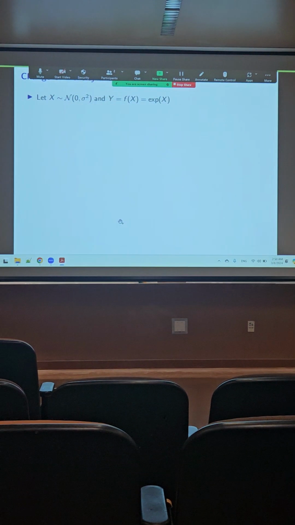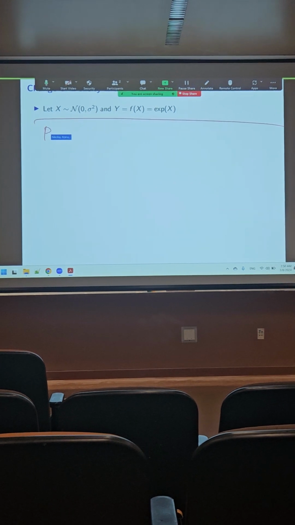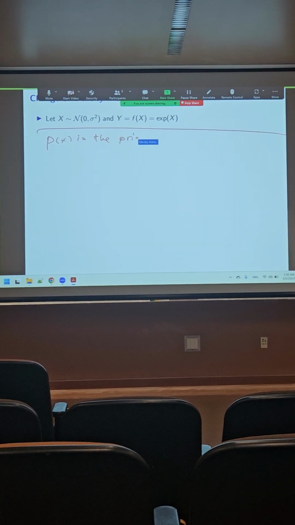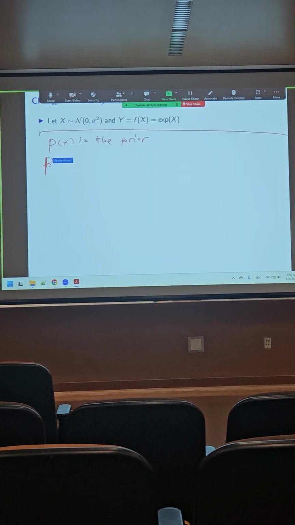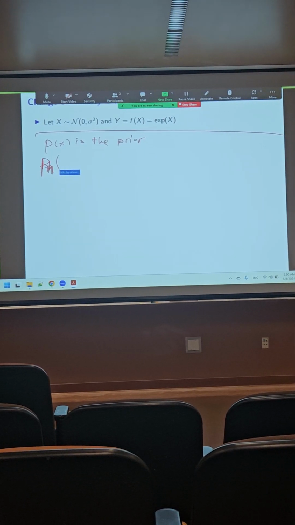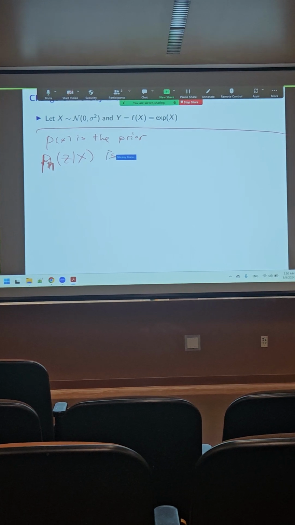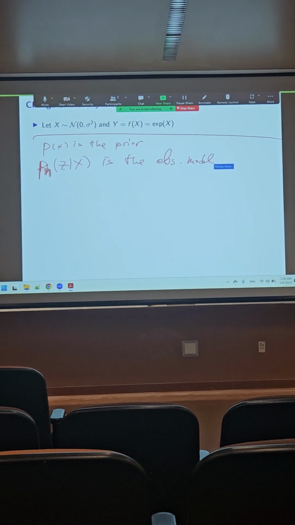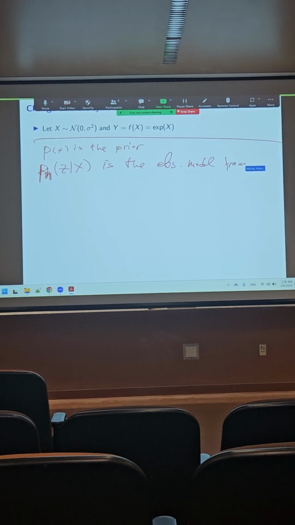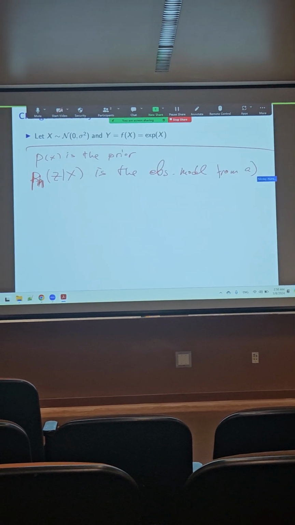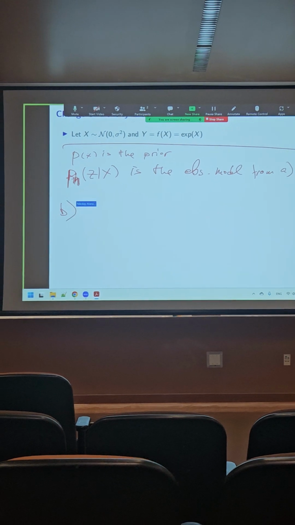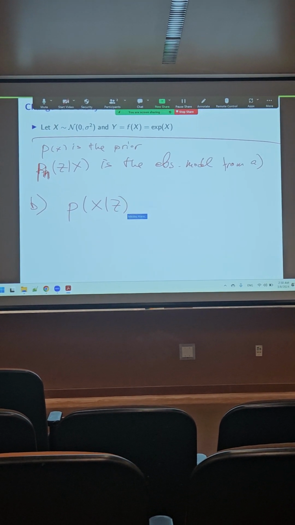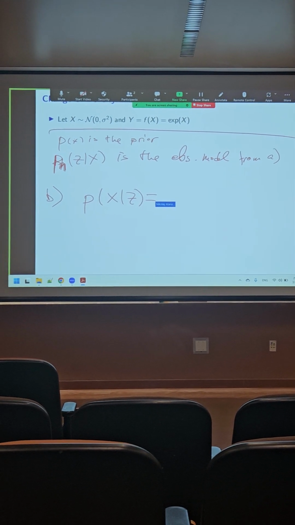Right, so let's talk about part B. I'm going to assume p(x) is the prior and p_H(z given x) is the observation model from A. Then part B is asking what is p(x given z), and what should that be?